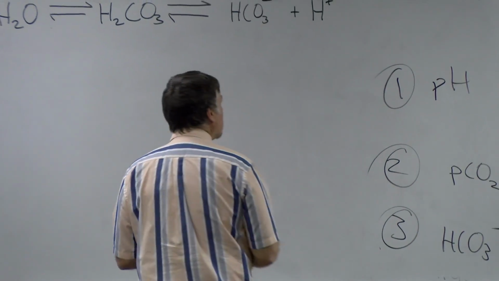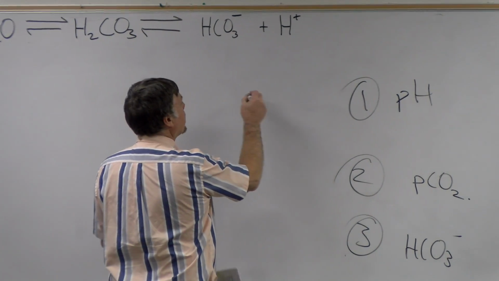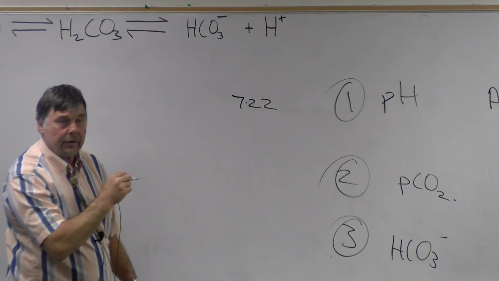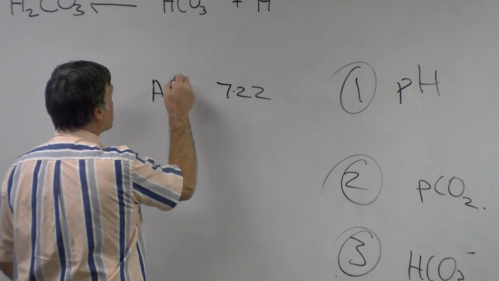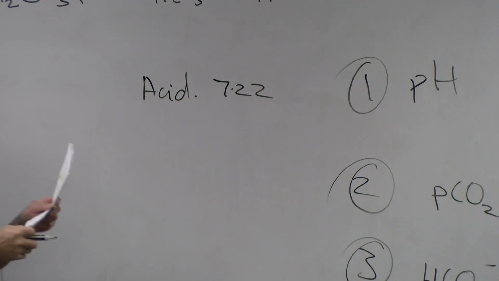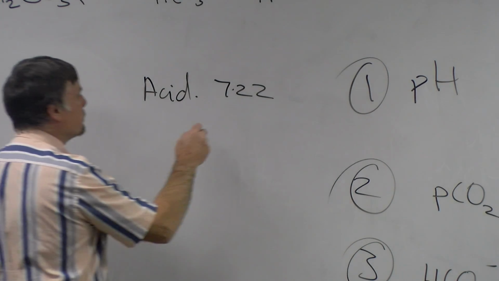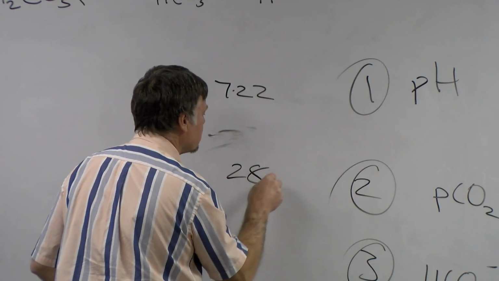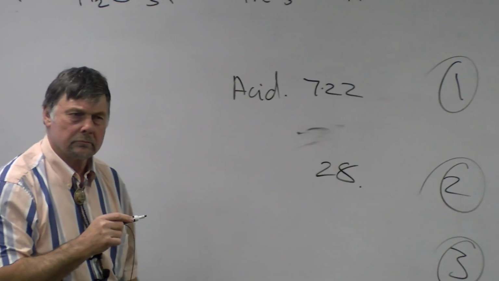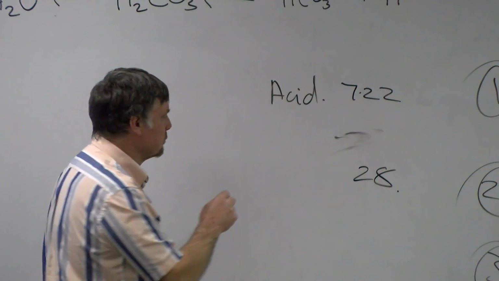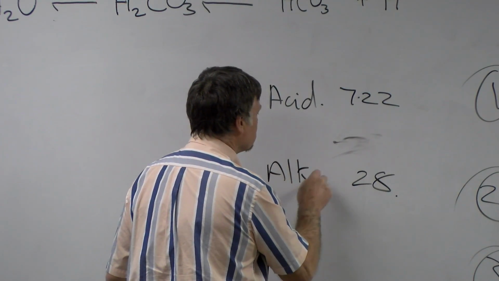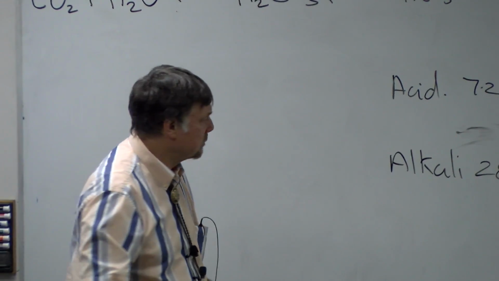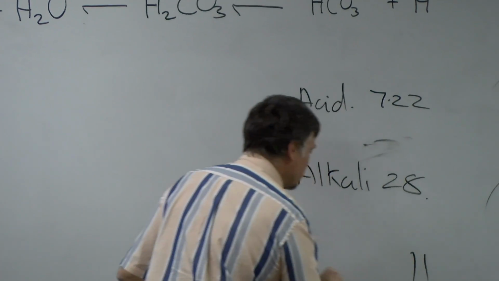So, 7.22. Well, that's acidic, isn't it? What's the PCO2? 28. Alkali, right? What about the bicarbonate? 11. Acid.